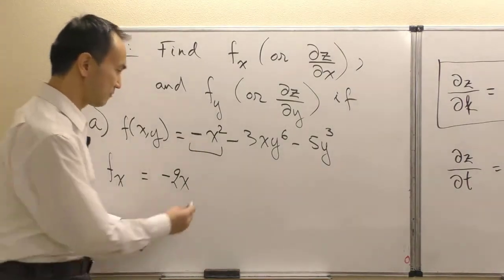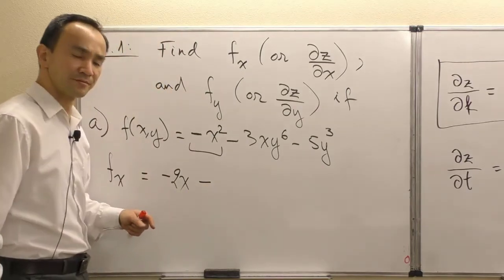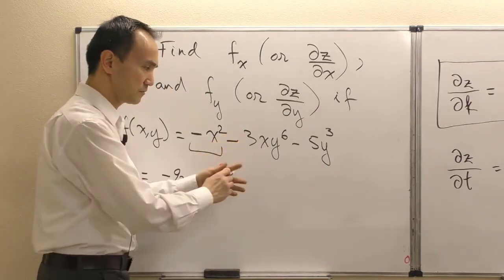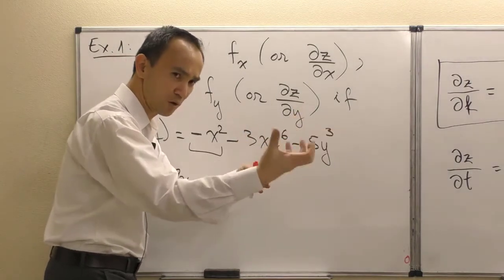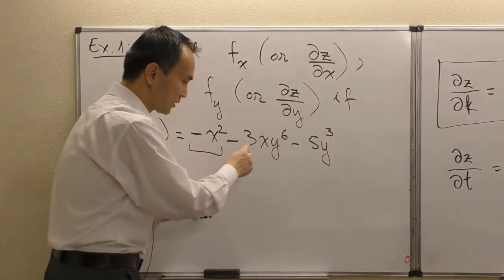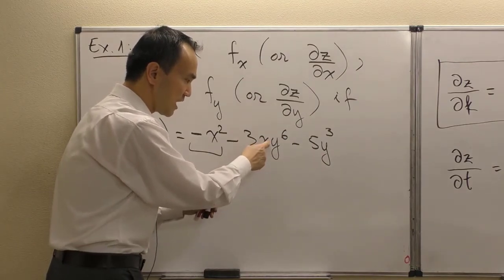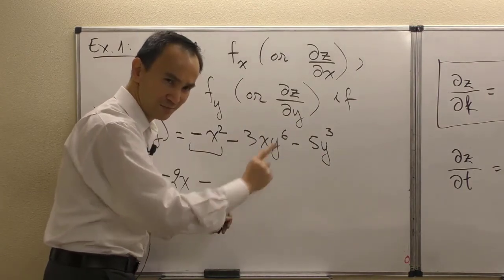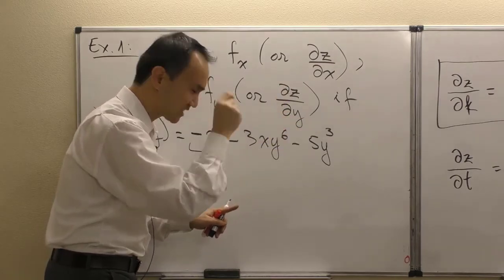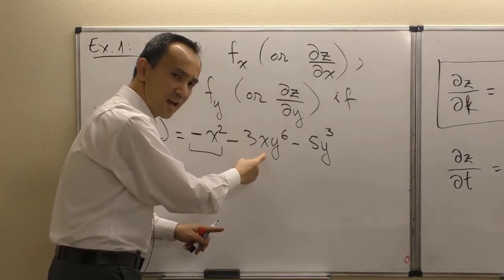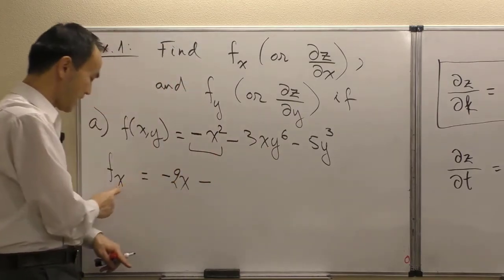Okay, and now I'm going to subtract the next term here. That's why I took an off track earlier and explained what a term is. So in this term we have 3 times x times y to the 6. But our mind right now only needs to focus on x as the variable.